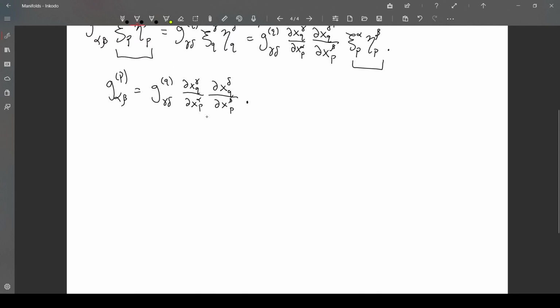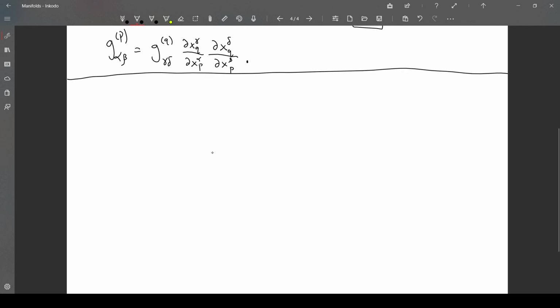We've now given enough examples to talk about what is a tensor.